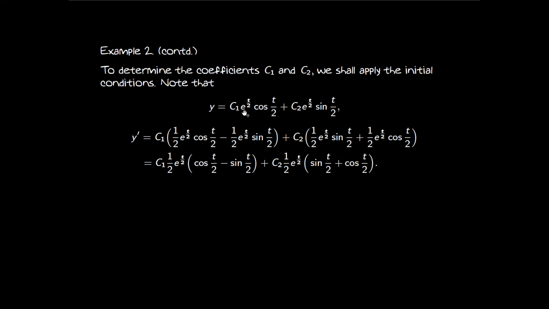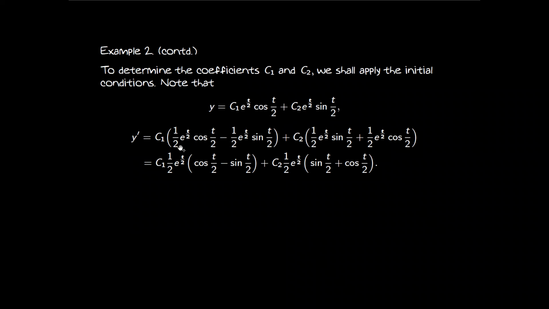Because here you have a product of an exponential function and a trig function, we have to do the product rule. On the other hand, for the exponential and the trig, the arguments are also functions of the independent variable t.